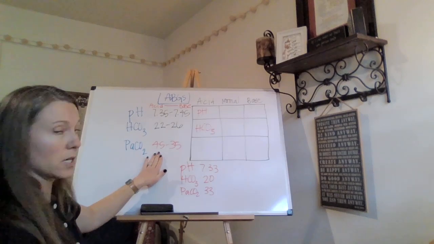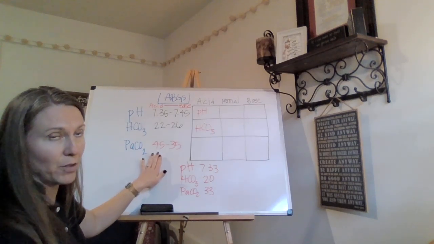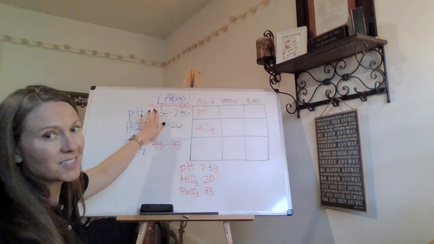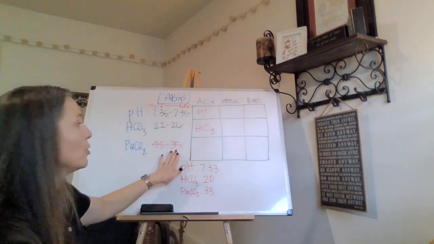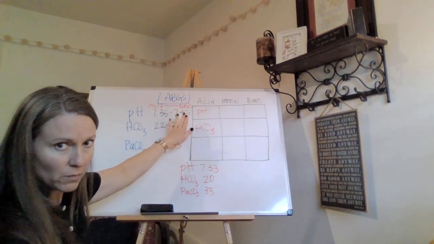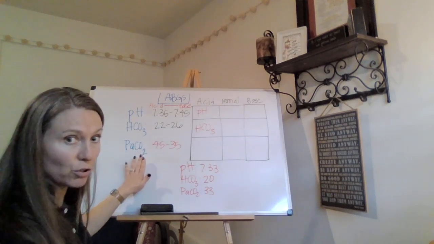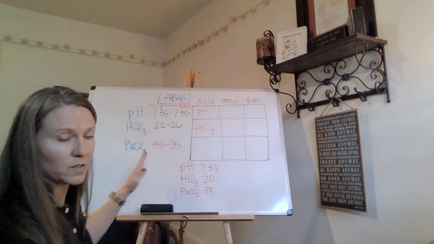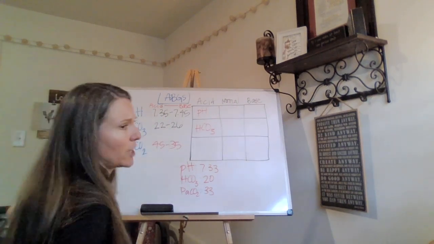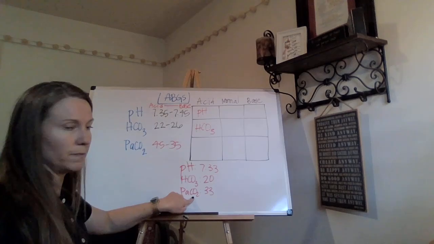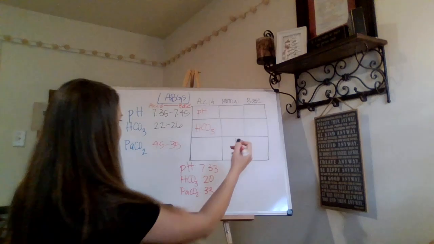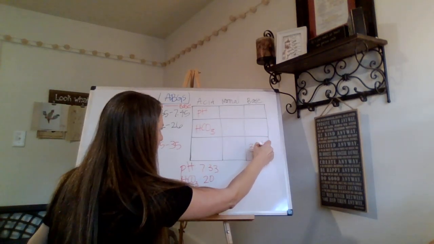Because the more PaCO2 you have, the more CO2 you have in your body, the more acidic you are. The less you have, the more base you are, because CO2 is an acid. So the higher it is, the more acidic you are. So let's look at our PaCO2 here. It is 33, which puts us as base.